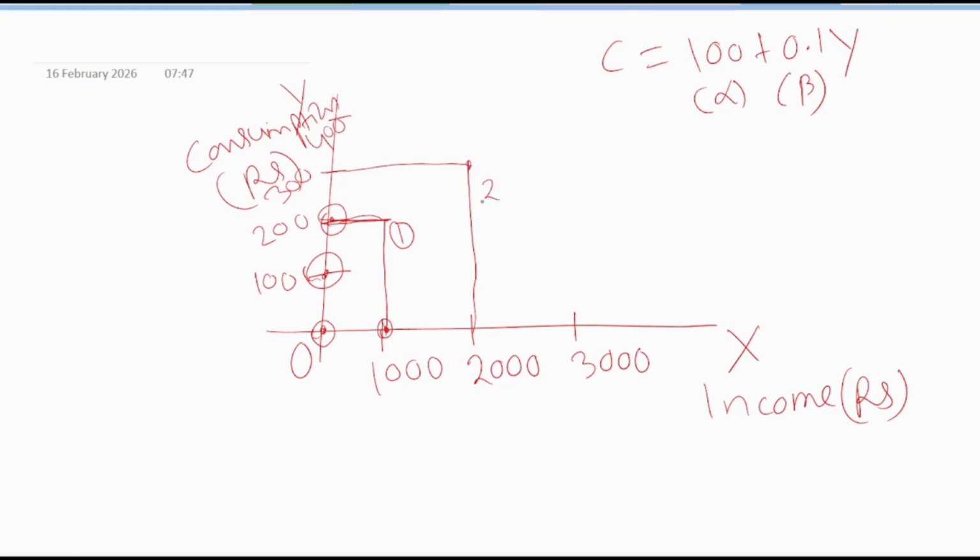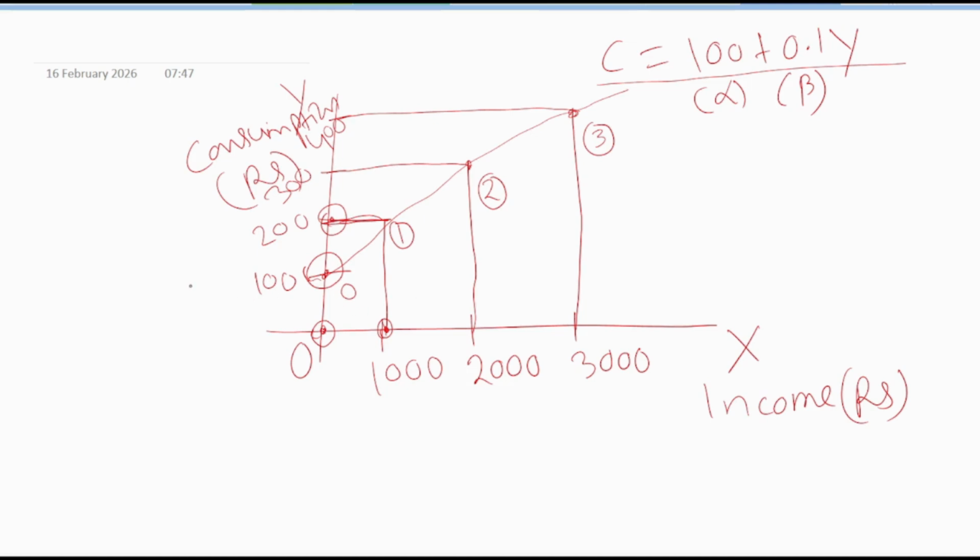Suppose this is point 2. And when income increases to 3000, consumption increases to 400. Suppose this is point 3. And this is point 0, suppose. So joining points 0, 1, 2, 3, we can find out the consumption line or consumption function or the consumption equation here.